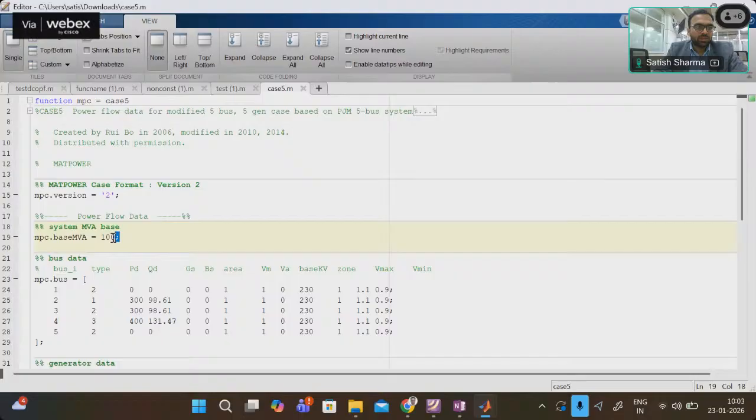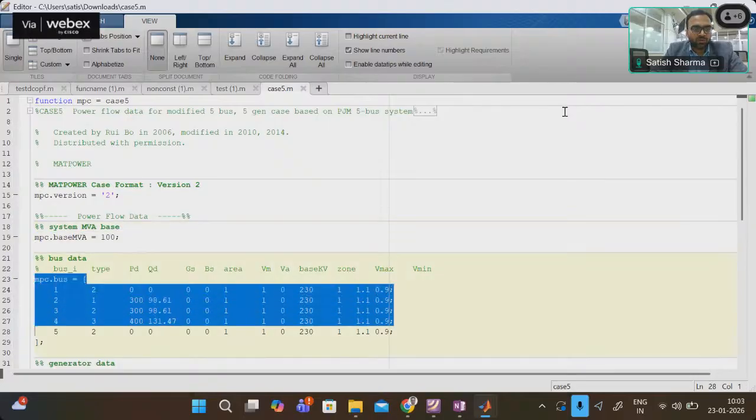You can see the base MVA is given, basically 100 MVA. Then certain bus data is given.